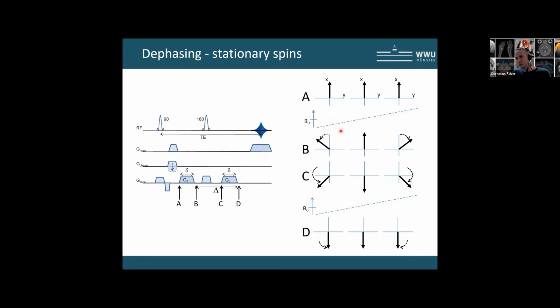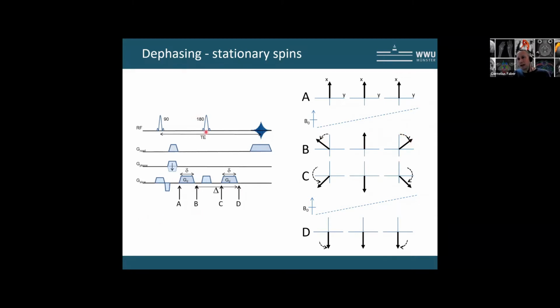This is supposed to be the gradient here. This is at the center, the isocenter of the gradient. So there is no additional magnetic field because the magnetic field has the zero crossing due to the gradient. And this one experiences a positive magnetic field. So this spin after the gradient at time point B will have a negative phase, this one will have zero phase, and this one will have a positive phase.